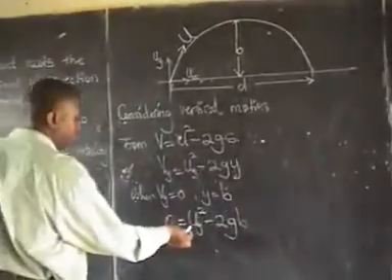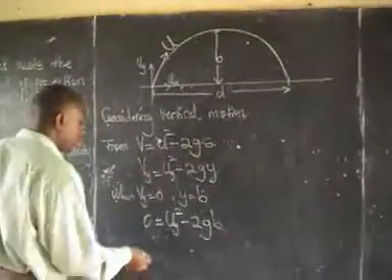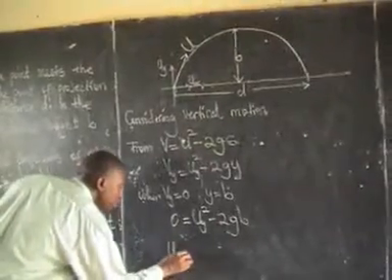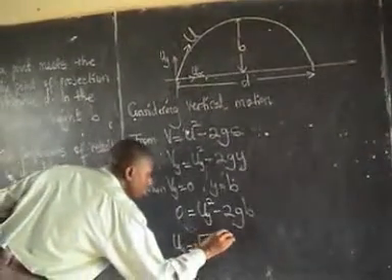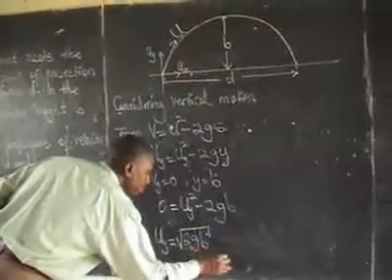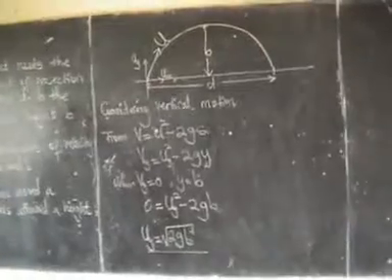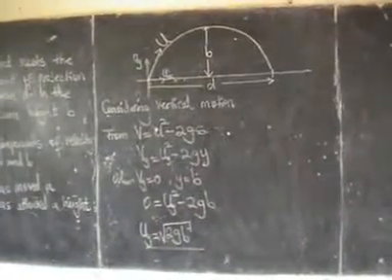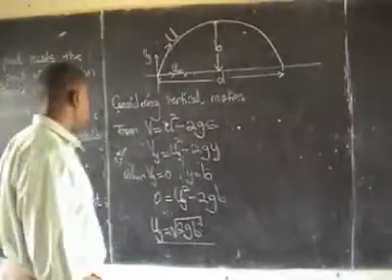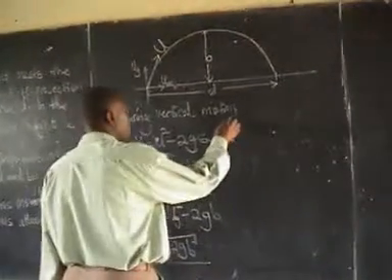Remember, we are looking for the vertical component, which is Uy. So Uy in this case is equal to square root of 2gb, and that would be the answer for the vertical component. Now let's try to look for the horizontal component.